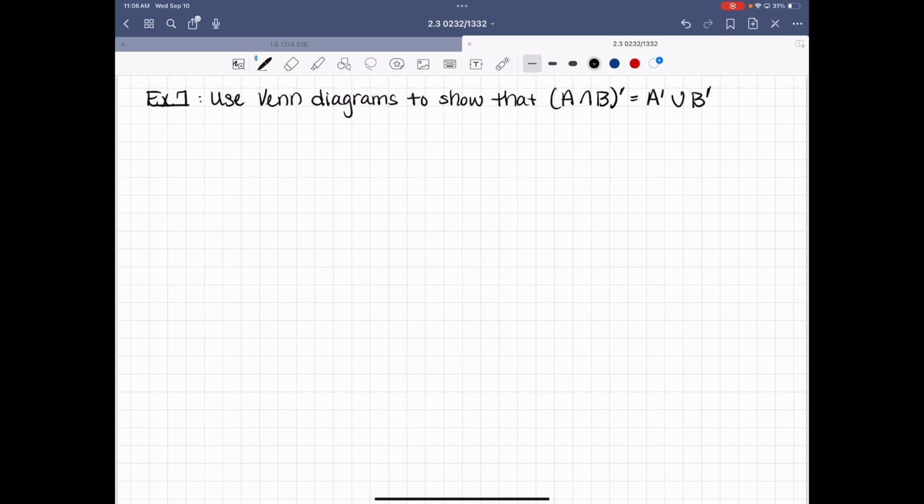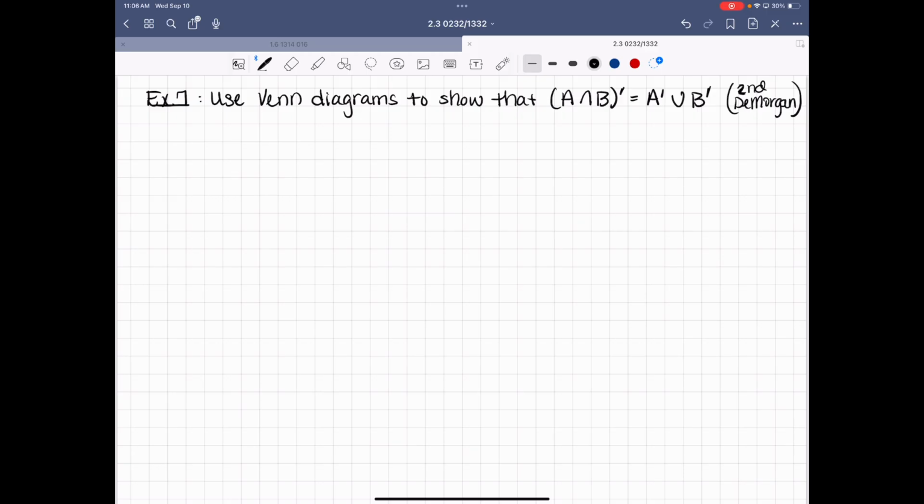Okay, which one of De Morgan's is that? First or second? Second, yeah. You can say this is second De Morgan. You don't have to write that on there. I'll just write it on mine. Second De Morgan.